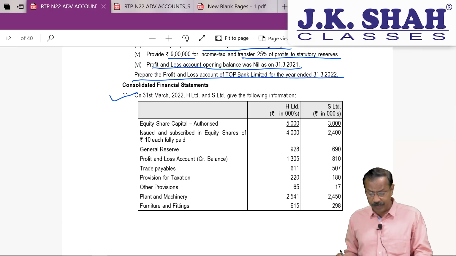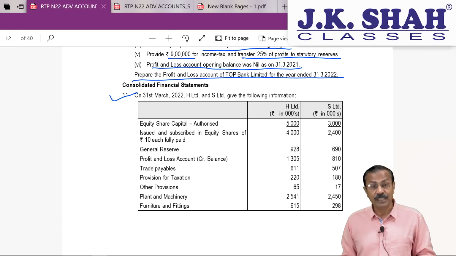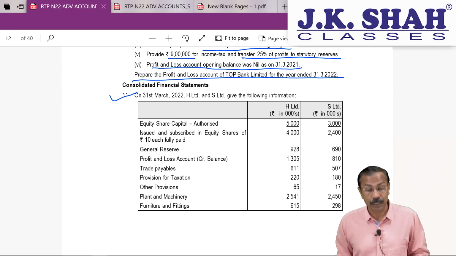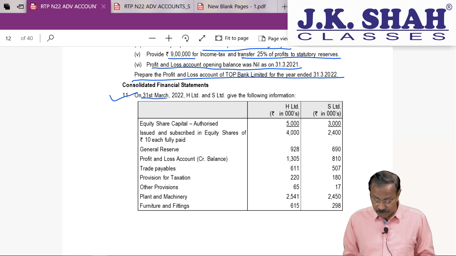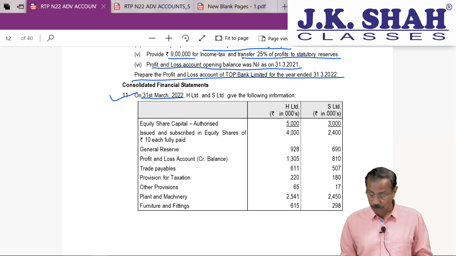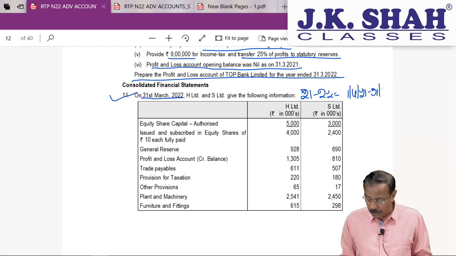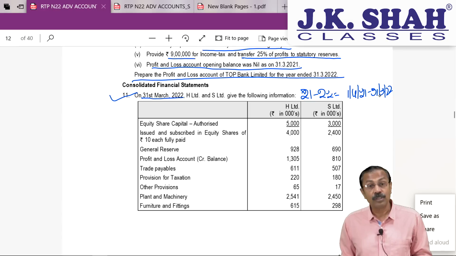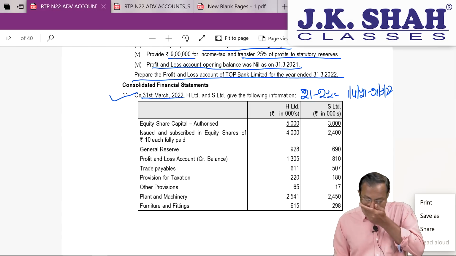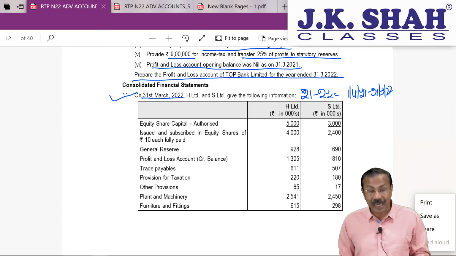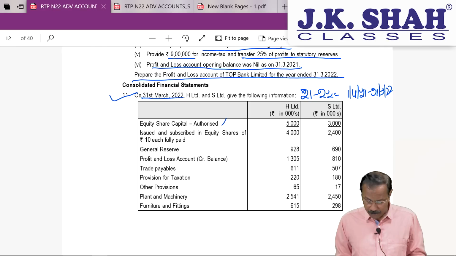31st March 22, they are giving you the balance sheet of H Limited and S Limited. Remember, it's 31st March 22, which means the accounting year is 21-22. It is from 1st April 21 to 31st March 22. Equity share capital authorized, ignore. Irrelevant.